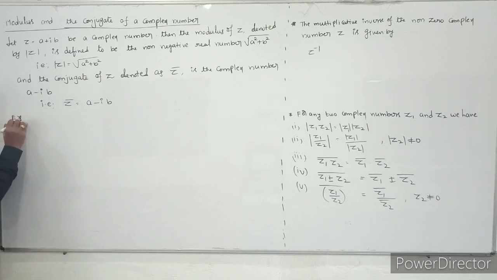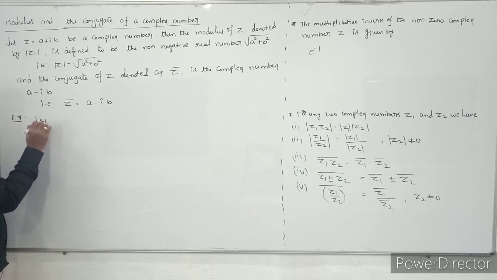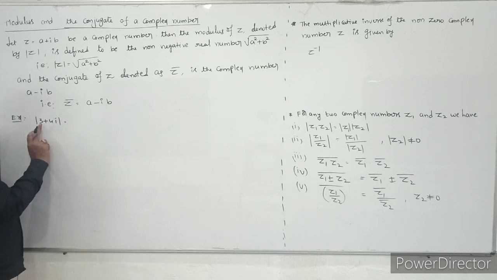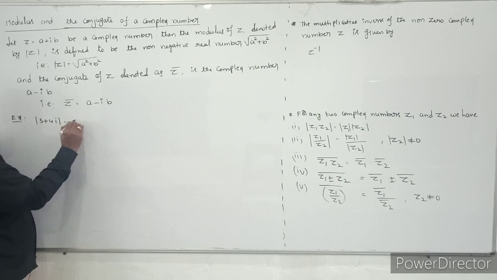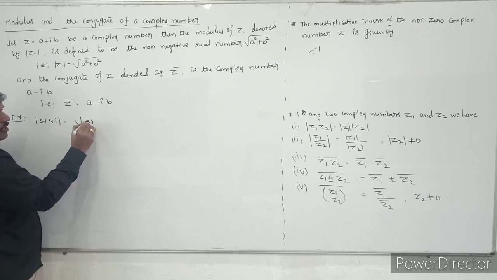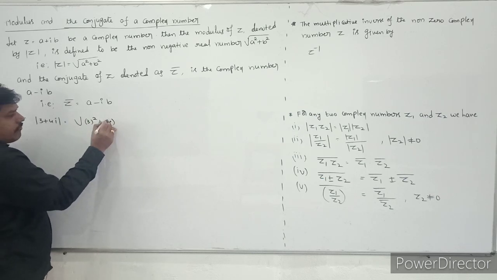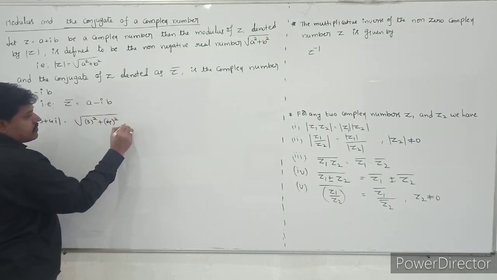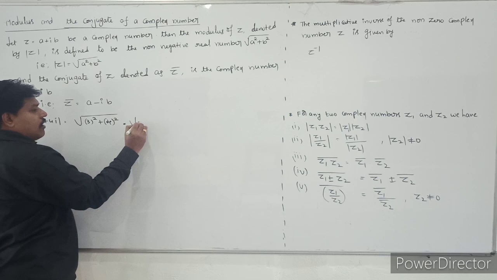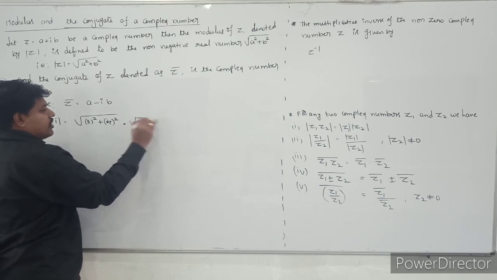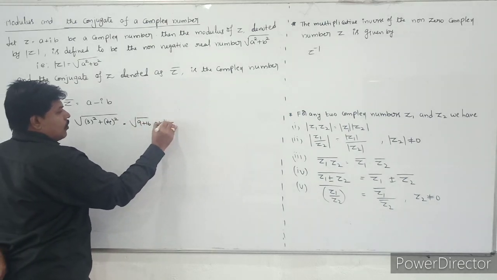See some examples here. Mod of 3 plus 4i. It is in the form of a plus ib, so a value is 3 and b value is 4. It will become the square root of 3 square plus 4 square, which is the square root of 9 plus 16, so root 25.